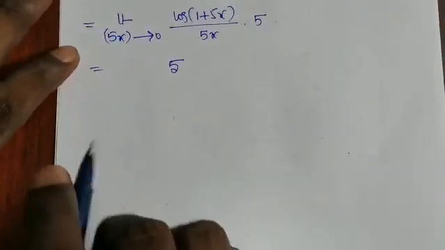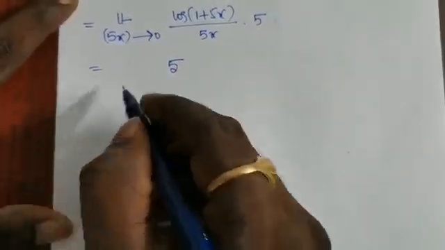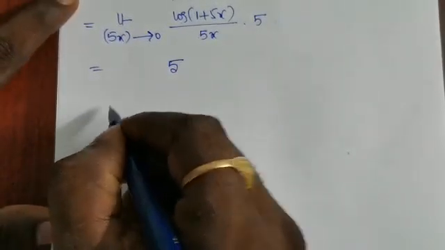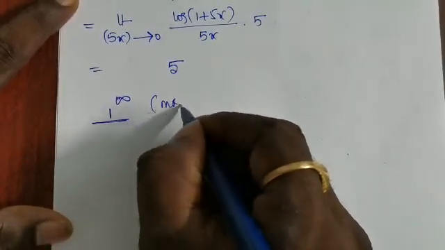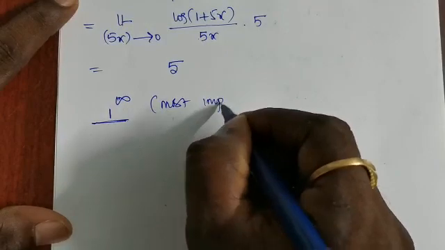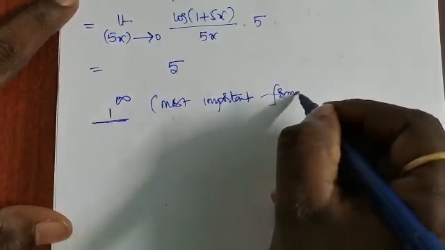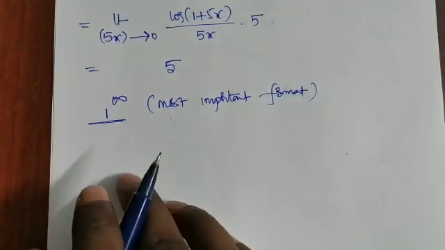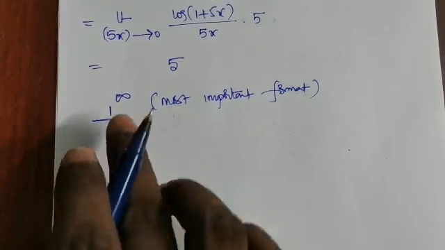And coming to the most important format for JEE, that is 1 power infinity. This is the most important format for JEE. Maximum number of problems are solved by using 1 power infinity.